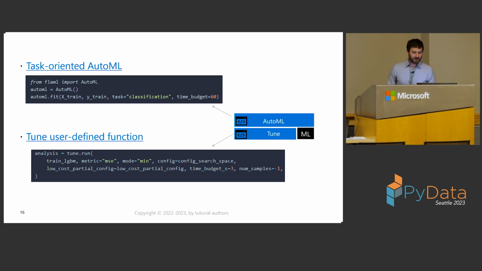The idea behind it is that FLAML is particularly tuned to do optimization fast, and it's very customizable. So you have these two different layers, the more out-of-the-box AutoML and the user-defined function, but both of them can be highly customized.